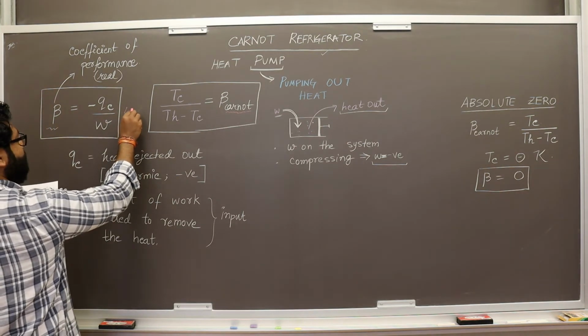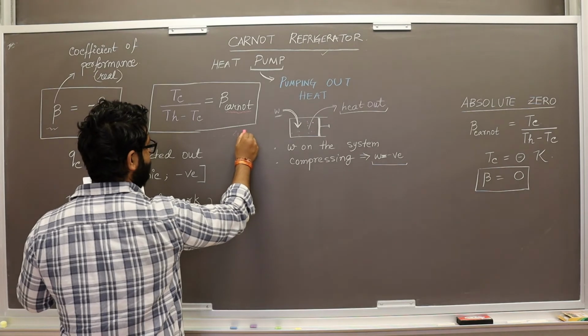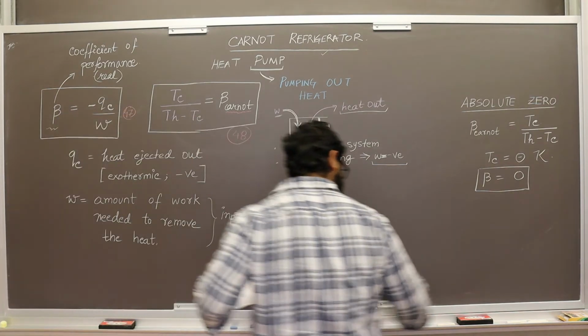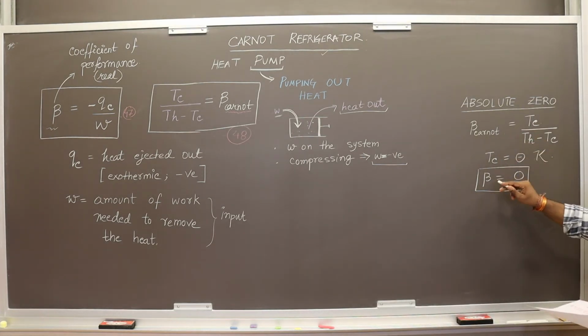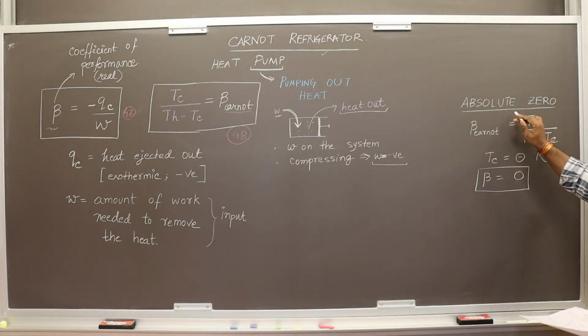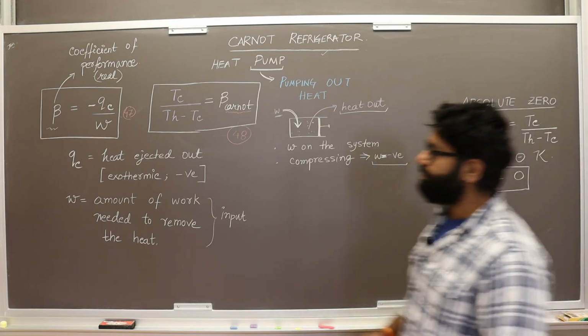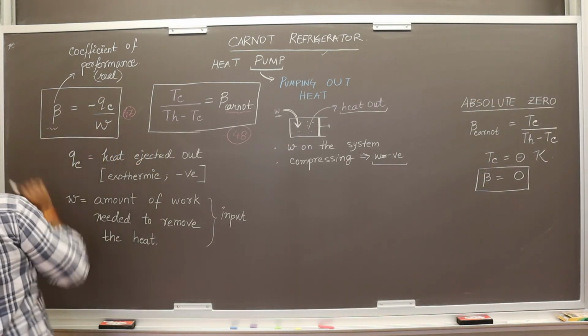Since we now know that the beta Carnot that is needed to get to an absolute 0 temperature in a refrigerator is 0, now we want to find out what amount of work we need to do in order to achieve that.